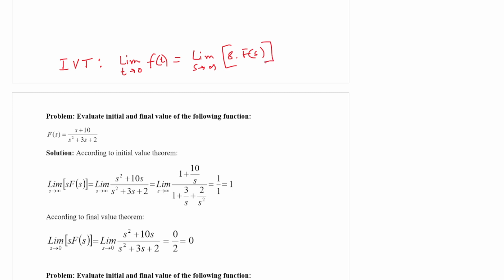What is F(s)? F(s) is the Laplace transform of f(t).